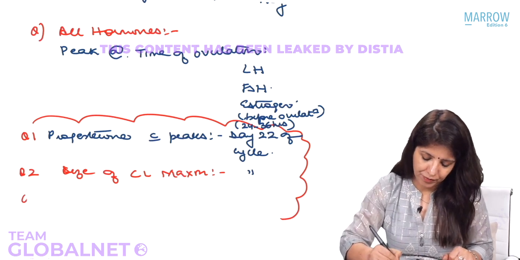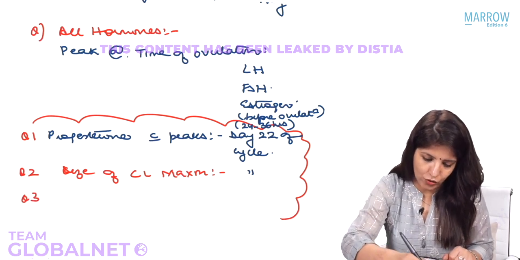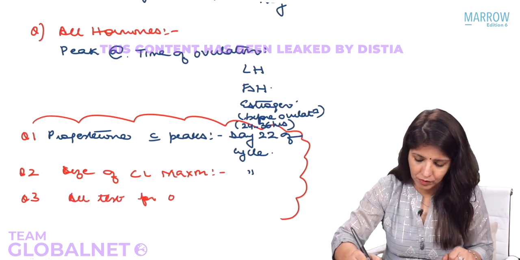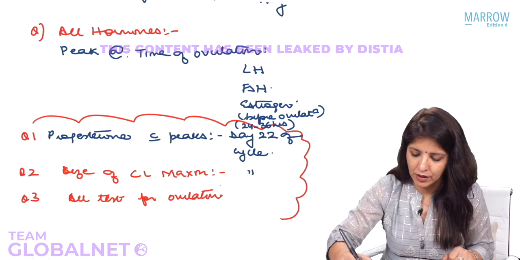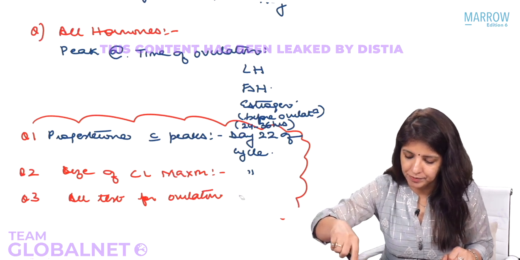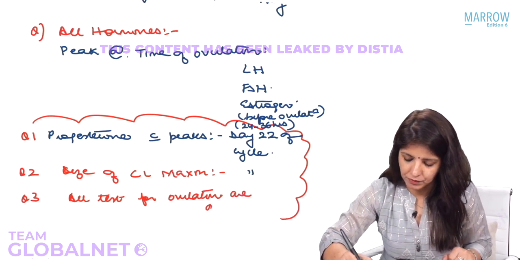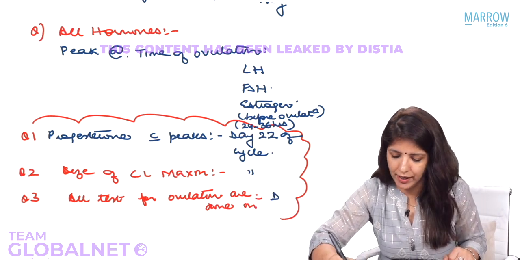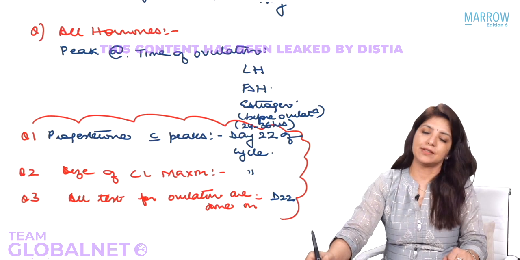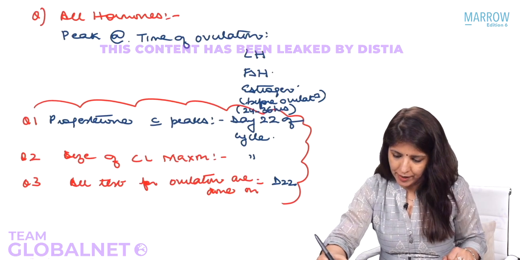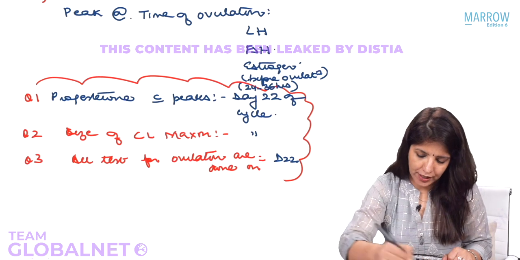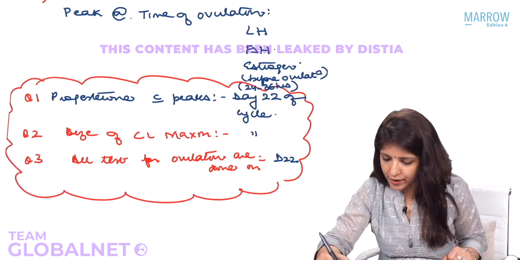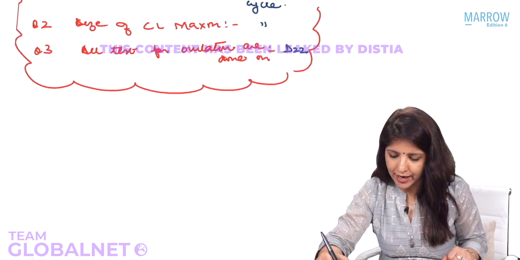Question number 3, all the tests of ovulation are done on, so you will say all the tests for ovulation are done on day 22 of the cycle, right? Then, another very important thing, as I told you, progesterone has a negative feedback at high concentrations.